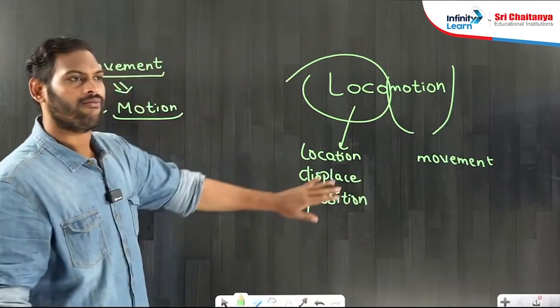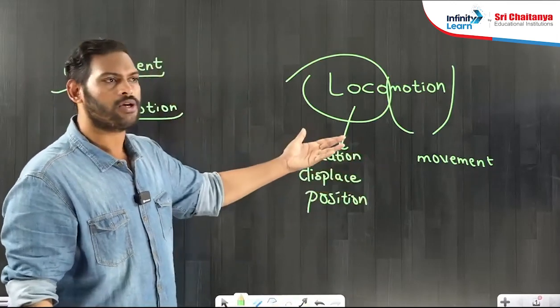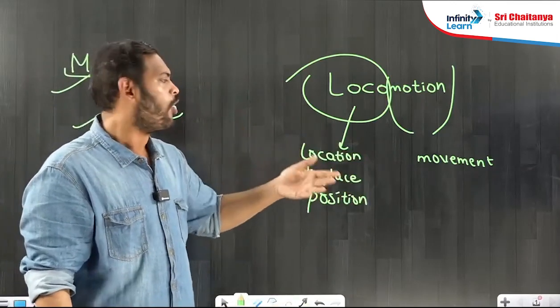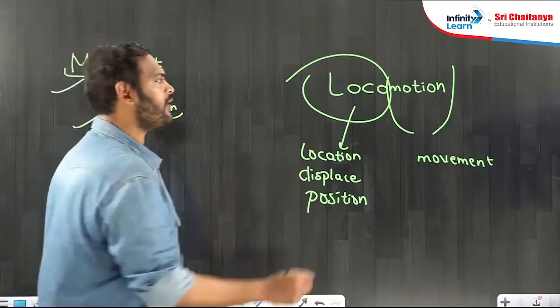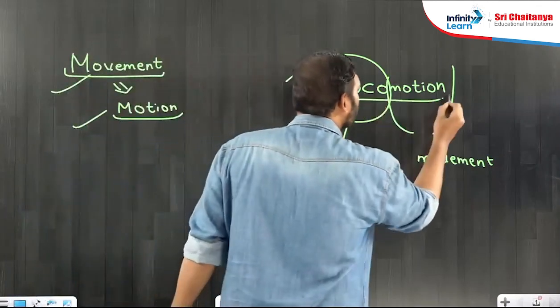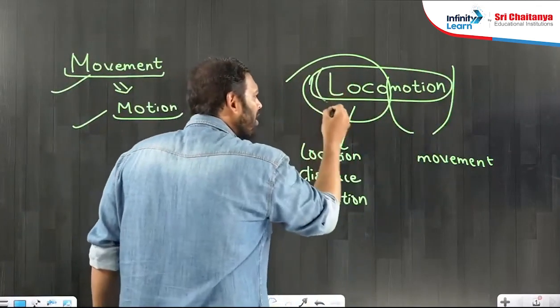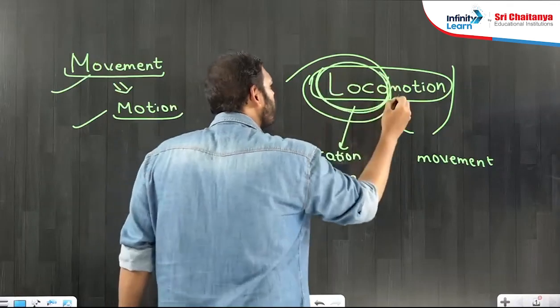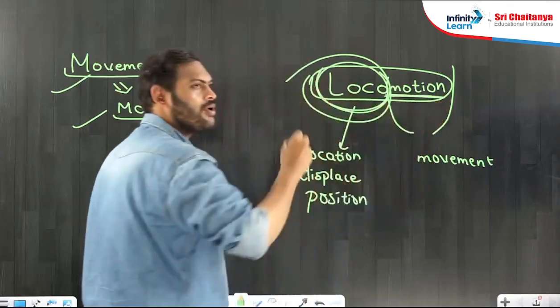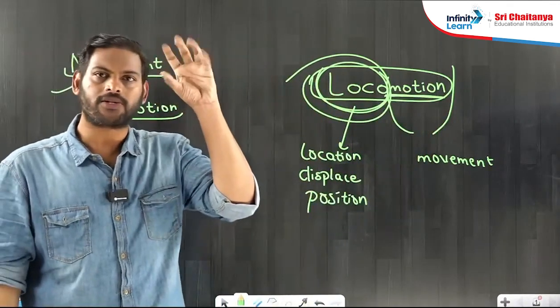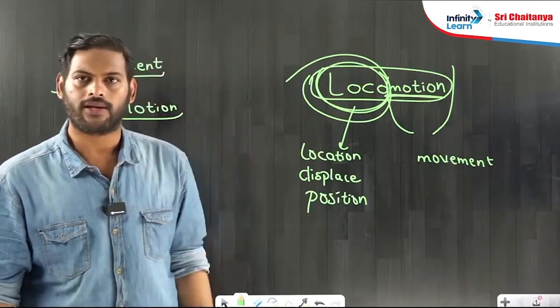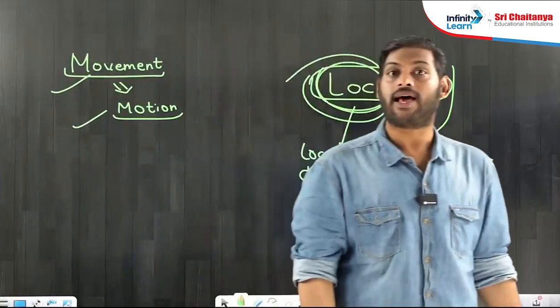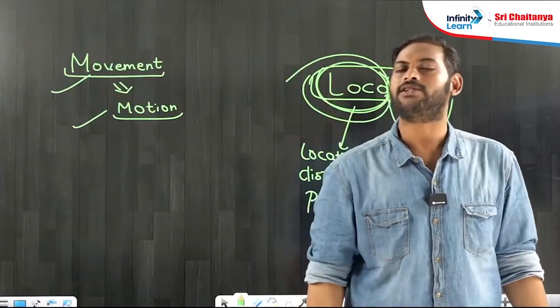Any movement which can change your location, which can displace you, or which can change position, these kinds of movements are referred to as locomotion. Location-changing movement. This is movement, not locomotion. This is movement as well as locomotion, isn't it?